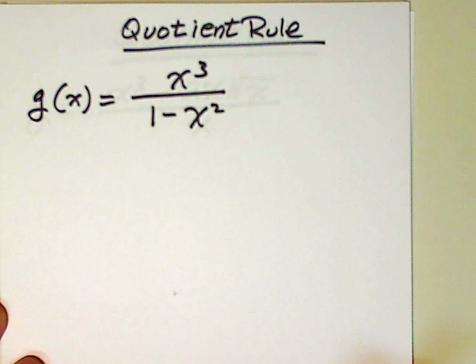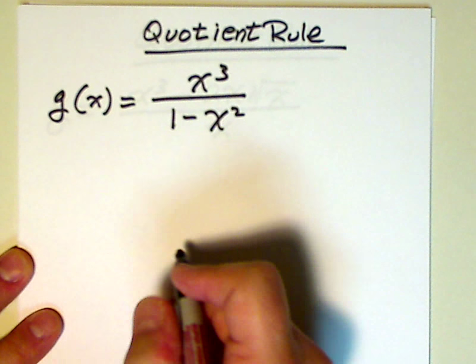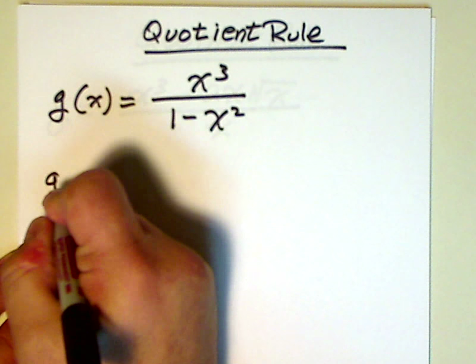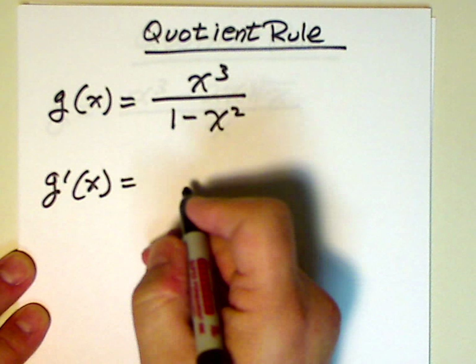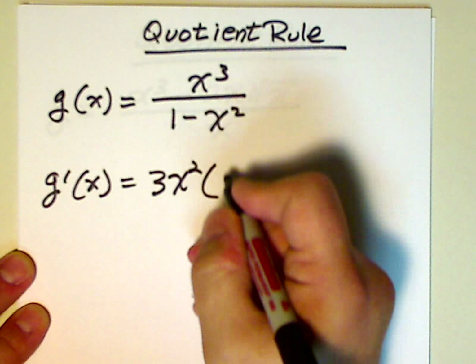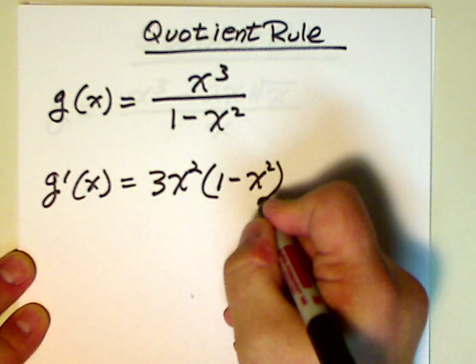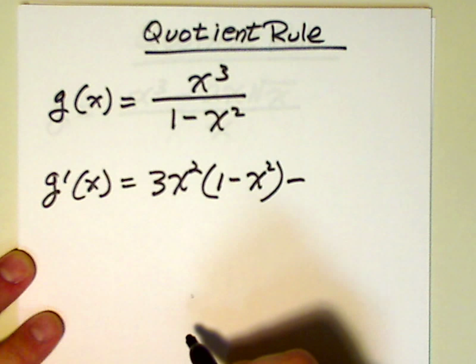We've got g of x is equal to x cubed divided by 1 minus x squared. So let's get right to work. We've got g prime of x is equal to, well, the derivative of the numerator is 3x squared, and we'll multiply it by the denominator, 1 minus x squared. And subtract off the derivative of the denominator.